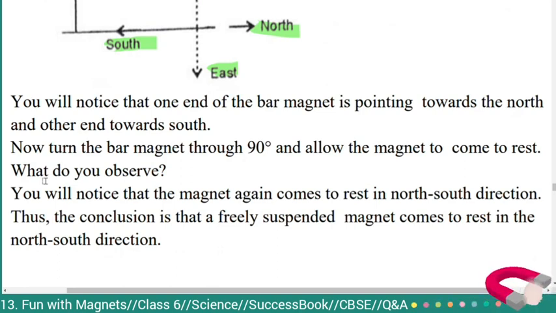Now turn the bar magnet through 90 degree and allow the magnet to come to rest. What do you observe? You will notice that the magnet again comes to rest in north-south direction. Thus, the conclusion is that a freely suspended magnet comes to rest in the north-south direction only.